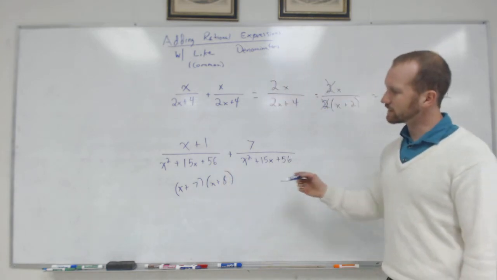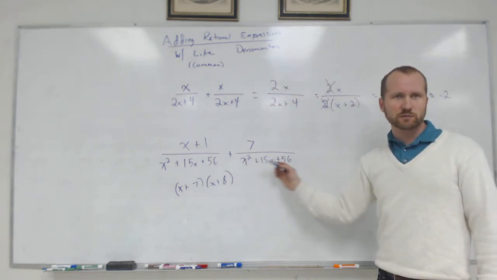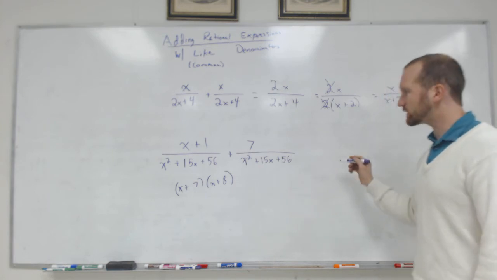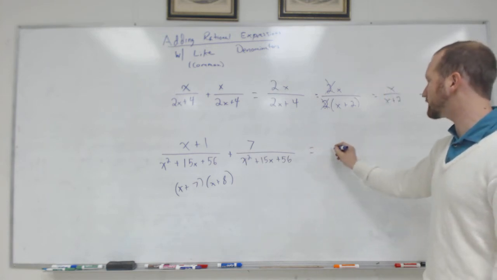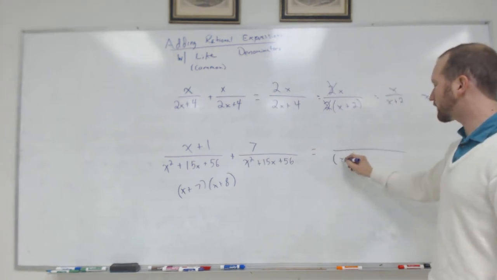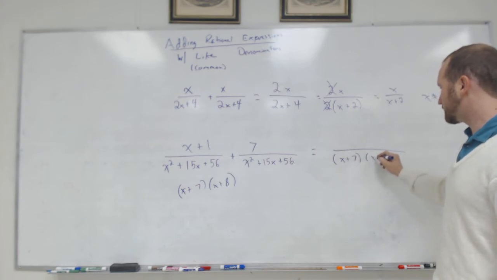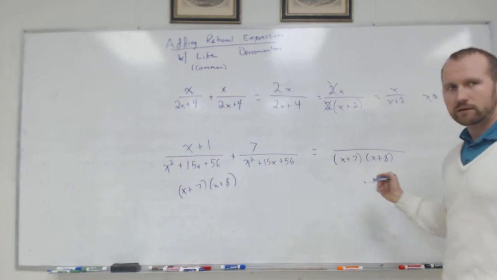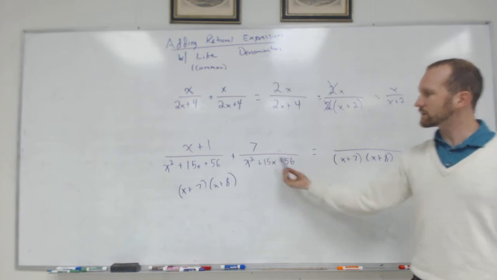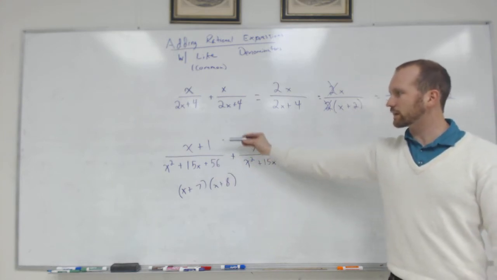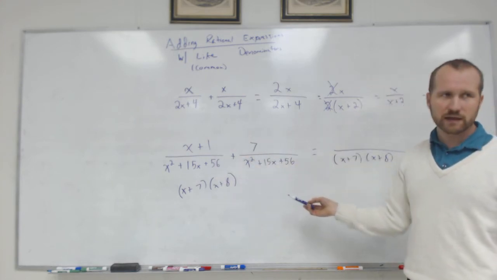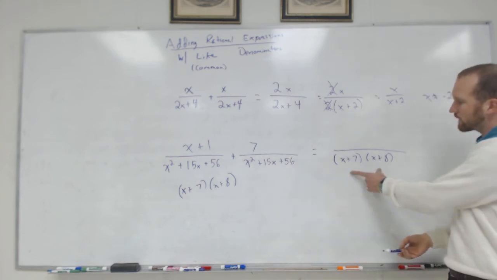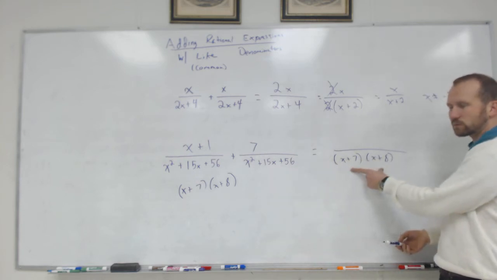I don't necessarily want to actually write that down twice. So what I might just say is, I know that this is going to equal something over x plus 7 times x plus 8, right? Because the denominator is the same. I don't need to rewrite each fraction in this case. I know that this is what that denominator equals when it's factored.